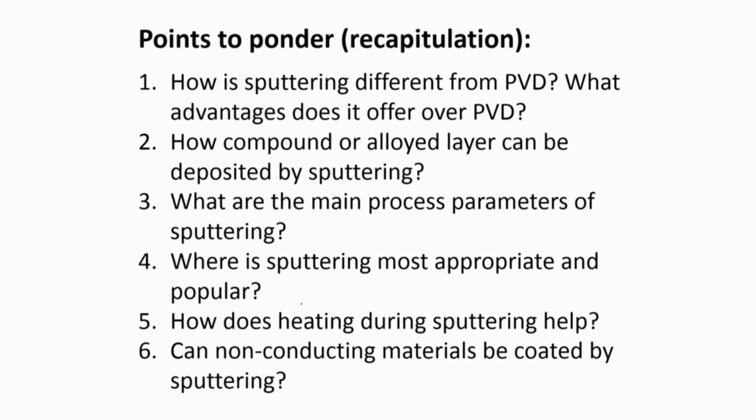So it can be used in special cases also for non-conducting materials. Even plastics can be coated by sputtering, provided we have created certain provisions of having electrodes implanted onto the substrate on which we want to coat.